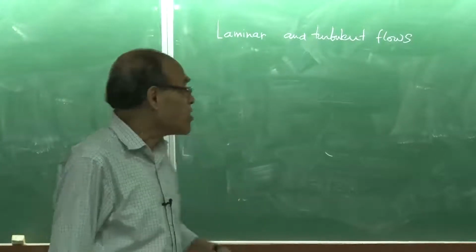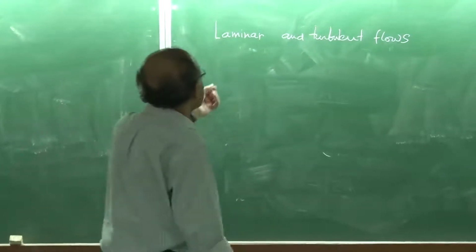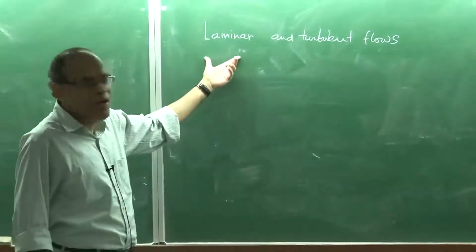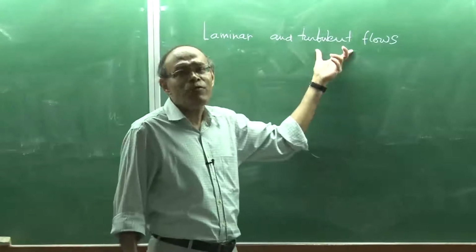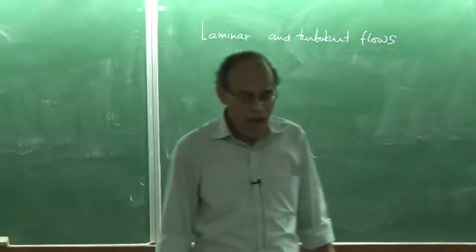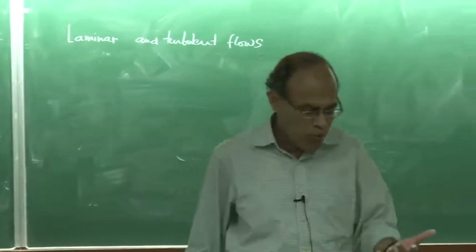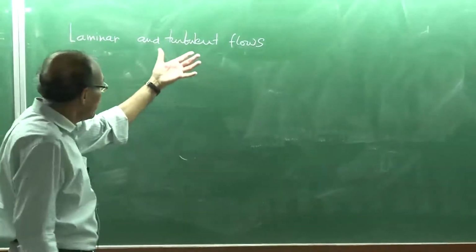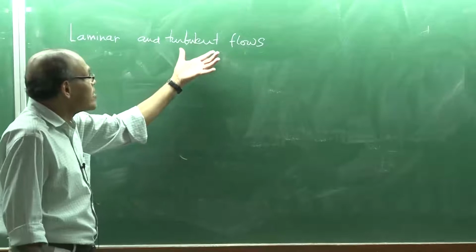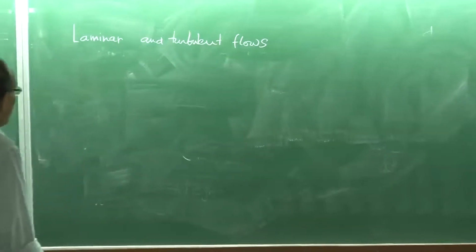One important aspect was that we can have a steady laminar flow and steady turbulent flow. On the other hand, turbulent flows are basically time dependent flows. So the time dependent part really remains a characteristic feature of the turbulent flow.